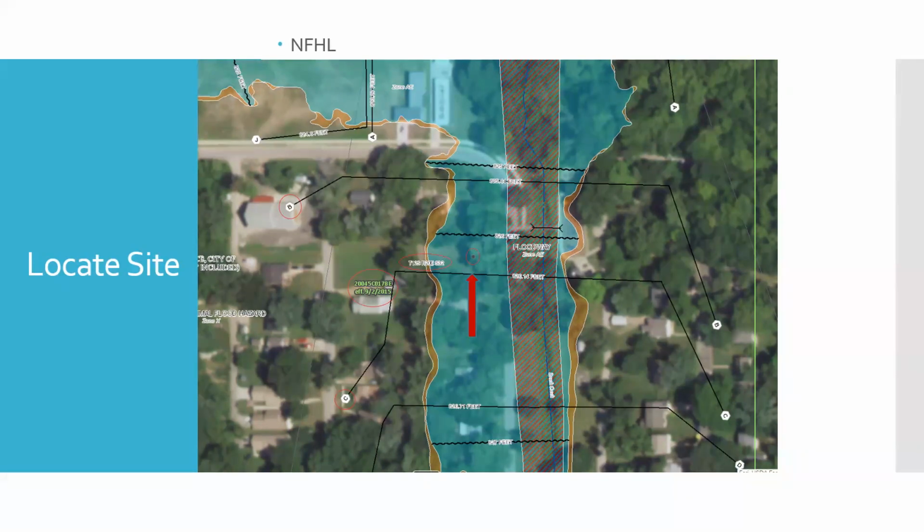So again, I've located the site here. And so cross sections B and C are going to be really important for our base flood elevation calculation. So cross section C is my upstream cross section, and it's at 826.14 feet. And then cross section B is at 825.4.